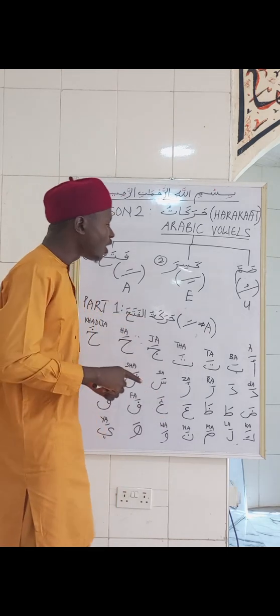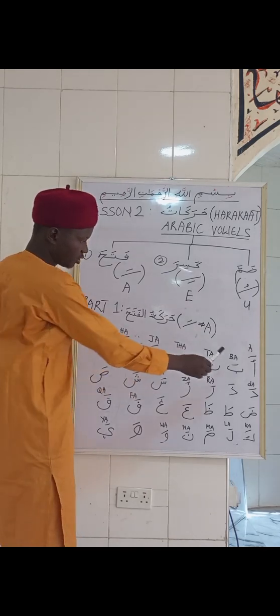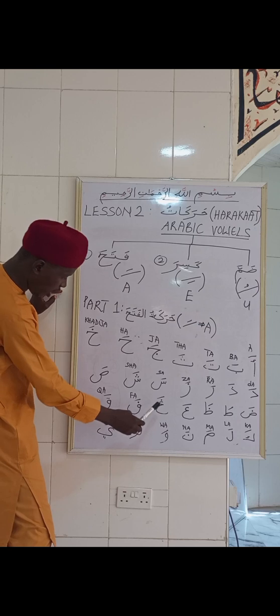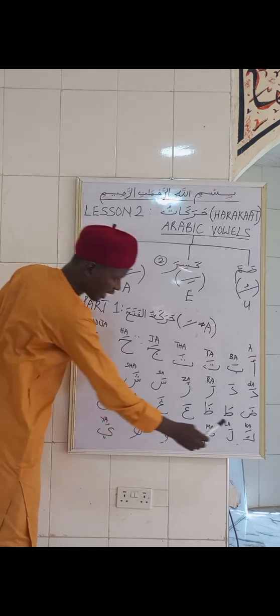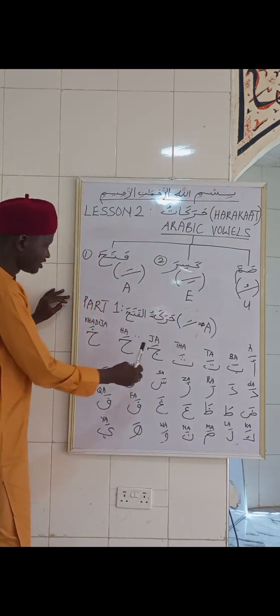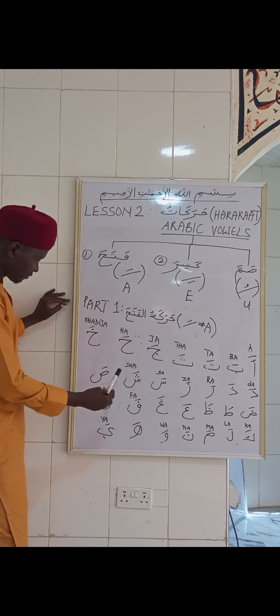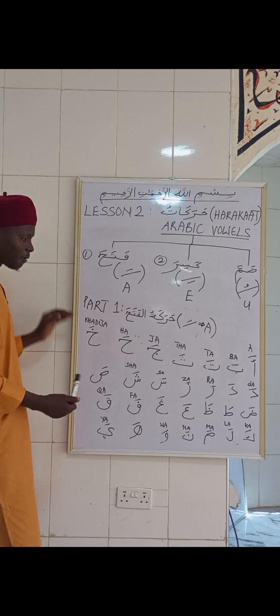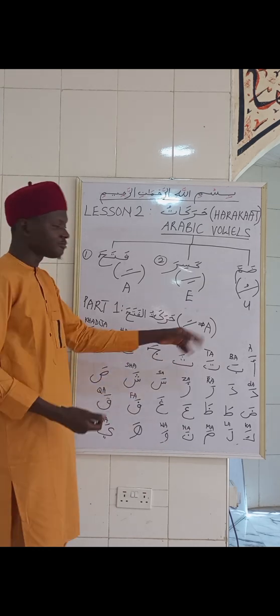Once you see it, you should be able to say this is ba, this is za, this is ka, this is ja, this is sha. You understand? But before that, you must have practiced it by spelling.